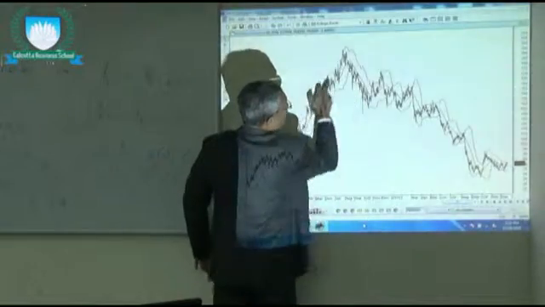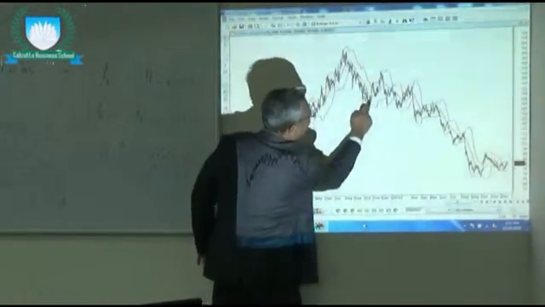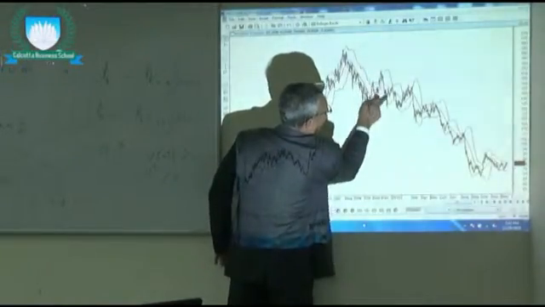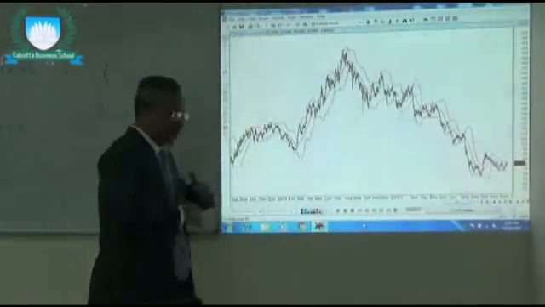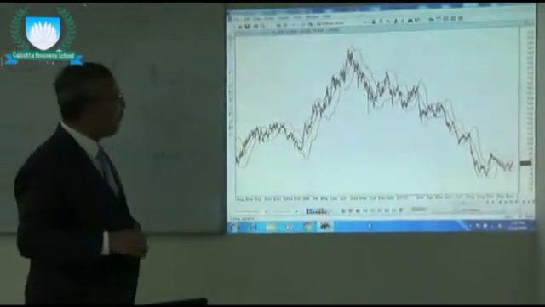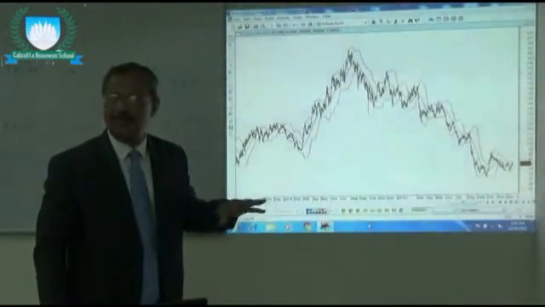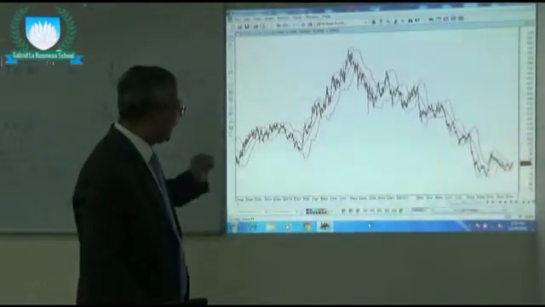Then it hits, comes down, travels along the lower bound, bounces back, and always you will find it moving up and down between the upper band and the lower band. So the upper band acts as a ceiling, and the lower band acts as a floor to the entire movement.